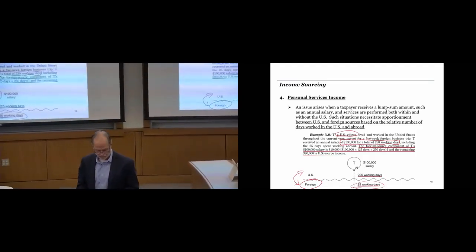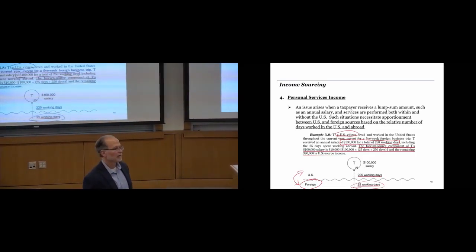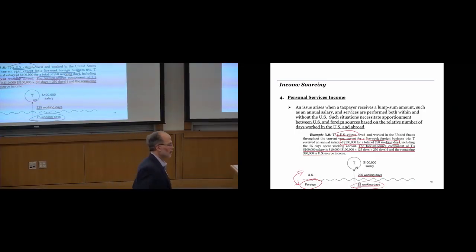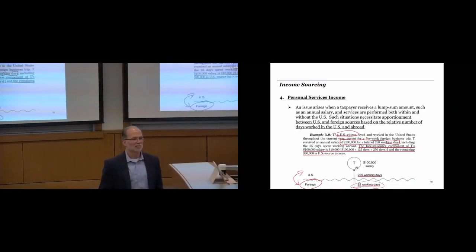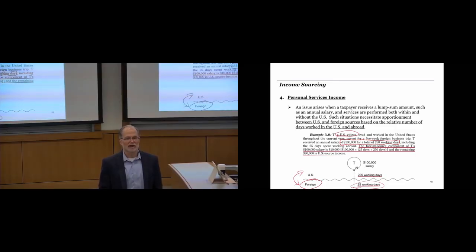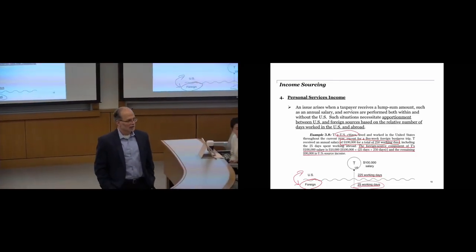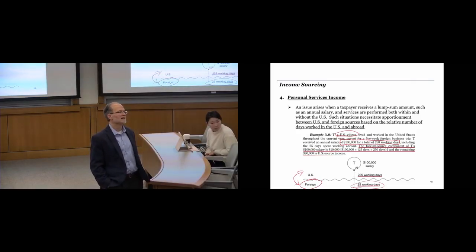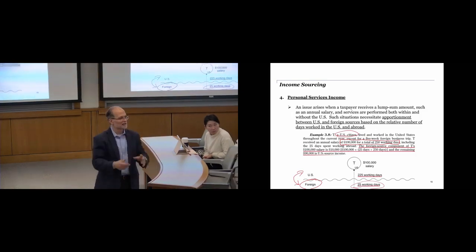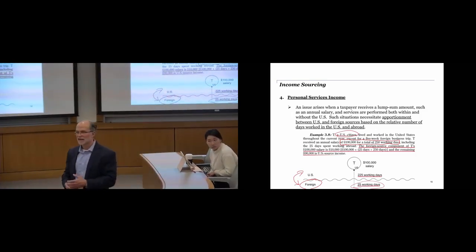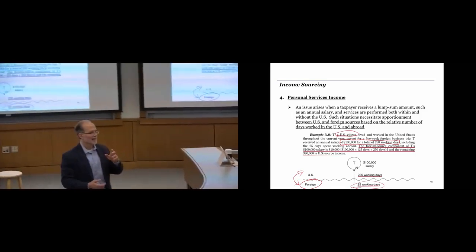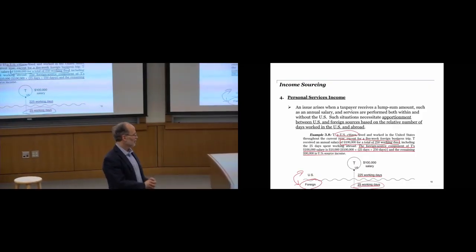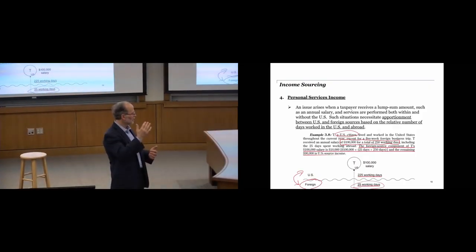Great question, great question. So what do we do with remote work? Where is the place of performance of remote work? I would argue the place of performance is where you are sitting when you're doing it, not where the issue is that you're working on. If you happen to be sitting in Canada working on a US issue, but you're working remotely in Canada, I would say that is not US source.